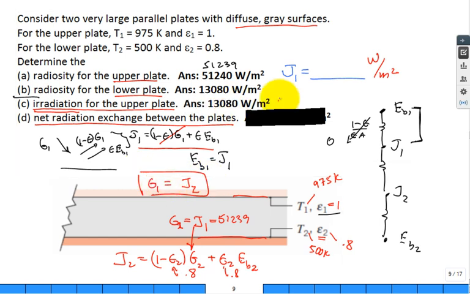Same numeric value. What is the net radiation exchange between the plates? And we want it in watts per meter squared area of the plates. Okay? So let me let you struggle with that. Input a response.